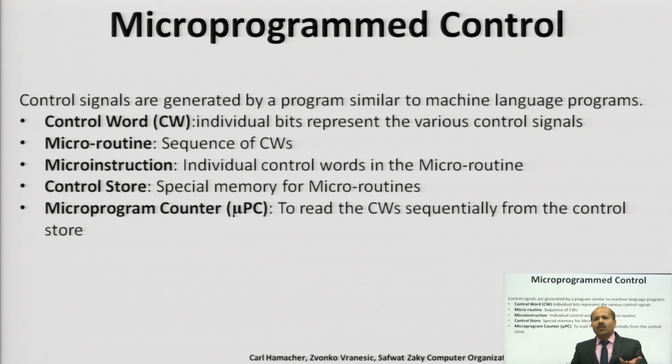Next is the microinstruction. An individual control word in a microroutine is called a microinstruction, and the control store is a special type of memory where various microroutines or different microinstructions are stored. And similar to the program counter, there is a microprogram counter specially used for microprogram control.